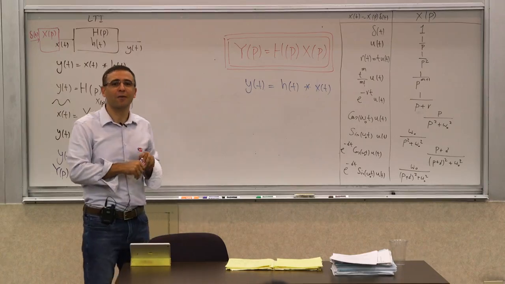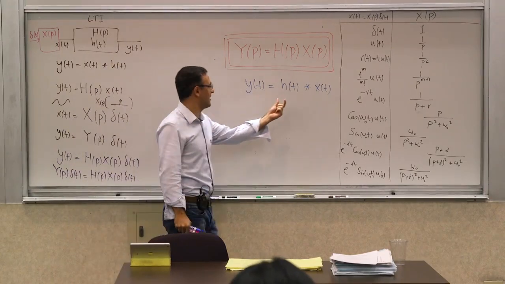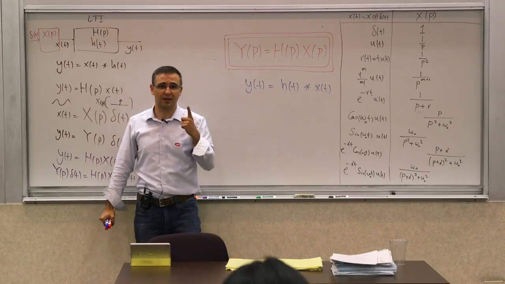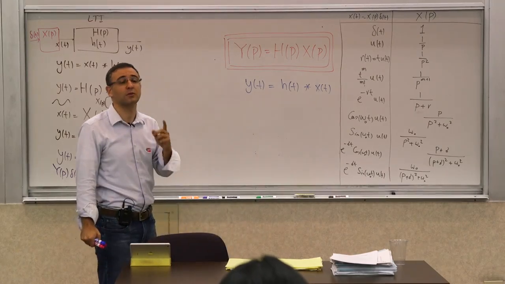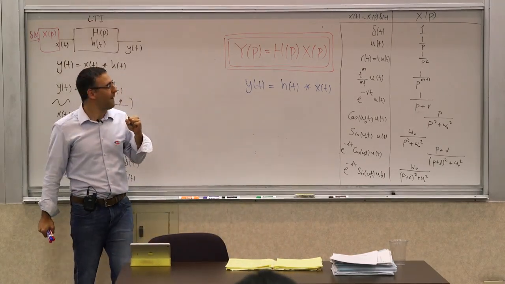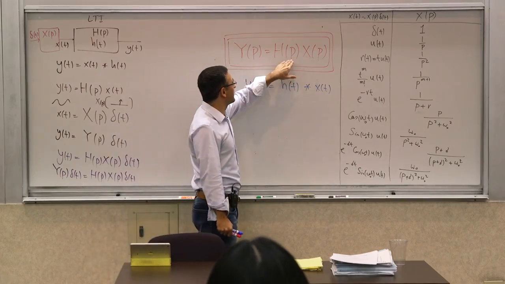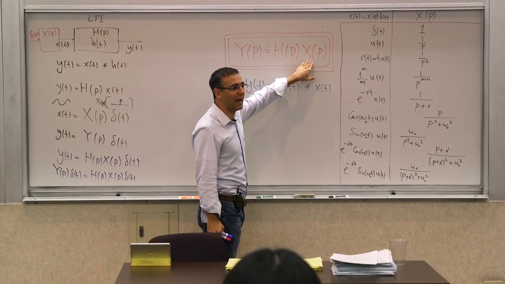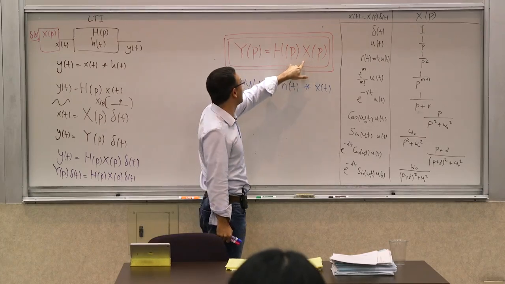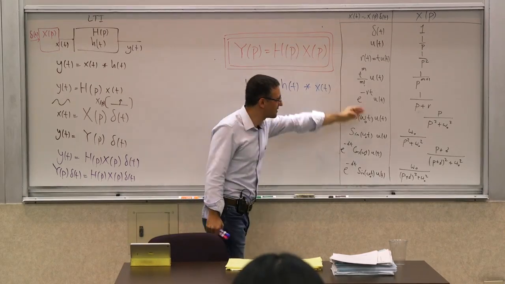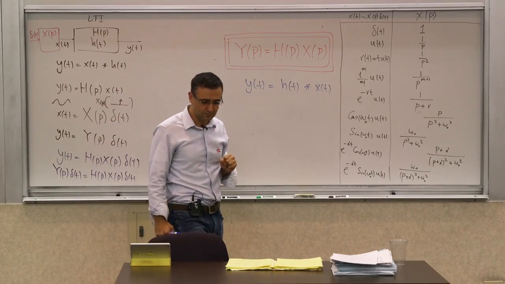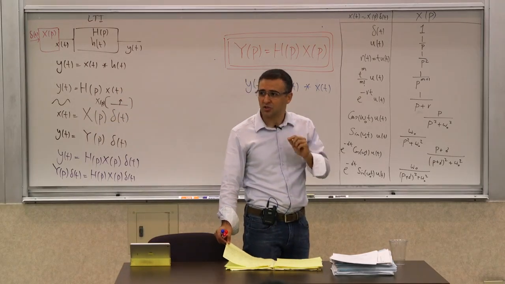So instead of convolving these two waveforms in time domain, which actually gives you a lot of insight about how things work, and that's why we do this first, you can look at the associated operator of the system and the input and multiply them and get the output operator and use this catalog to find what the output is. This is extremely powerful.